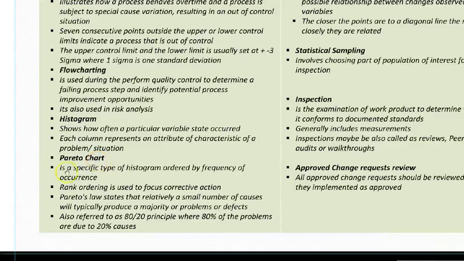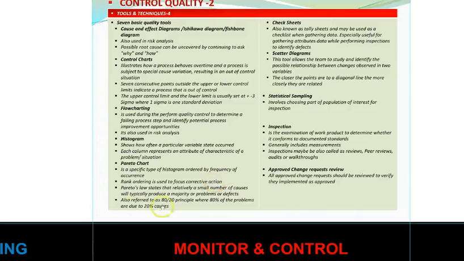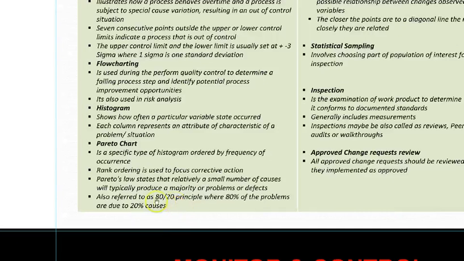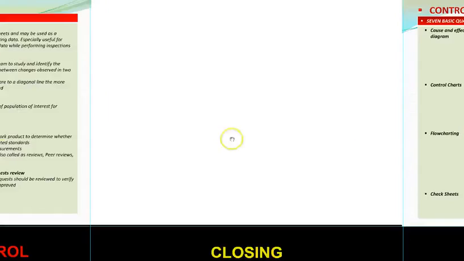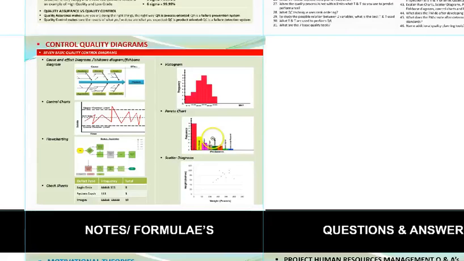We have the Pareto chart. Again, the Pareto chart is like the histogram, but over here rank ordering is used to focus corrective action. So in the exam they have the 80-20 principle. It is the Pareto chart because it's also referred to as that, where 80% of the problems are due to 20% of the causes. So this is your Pareto chart.